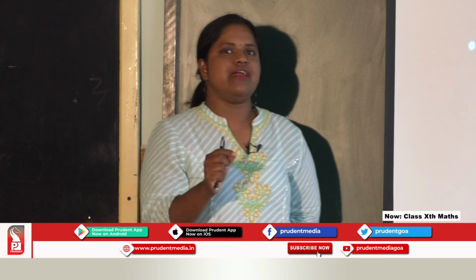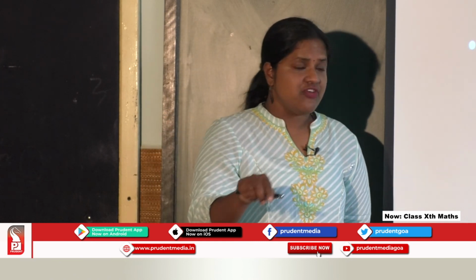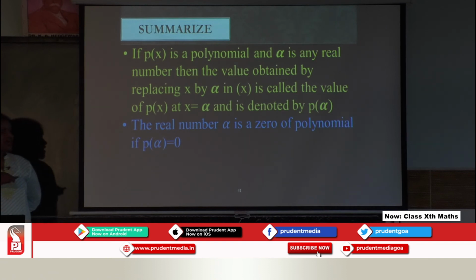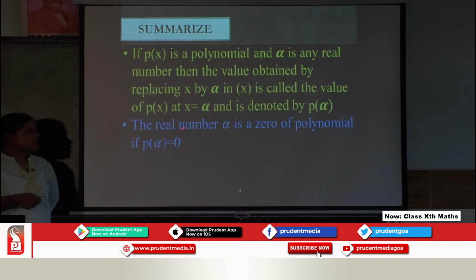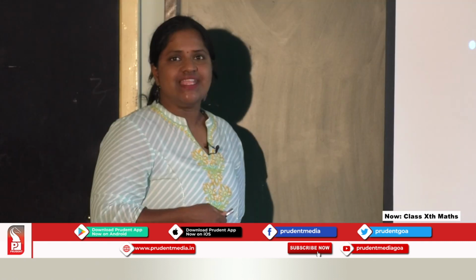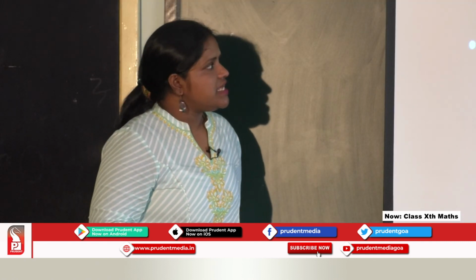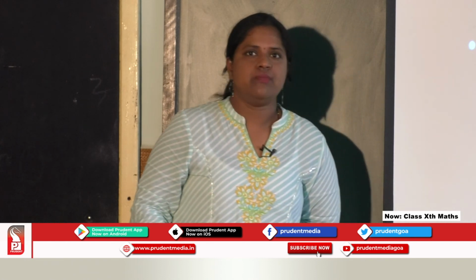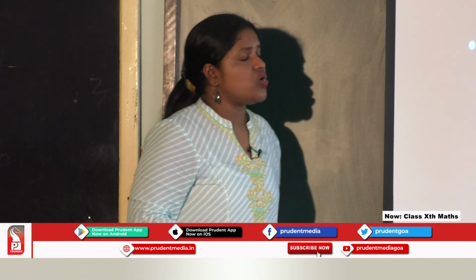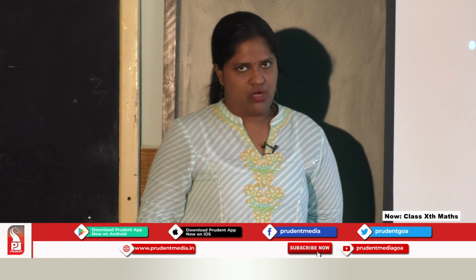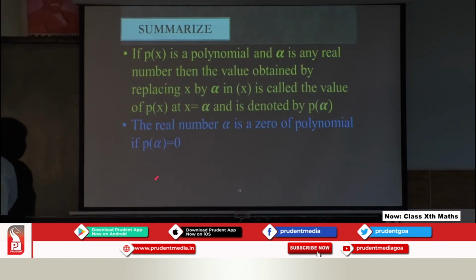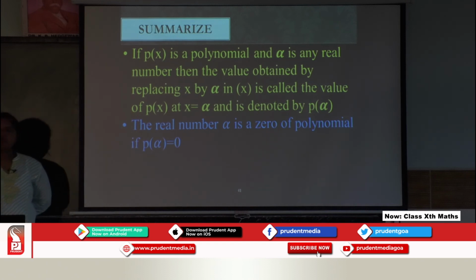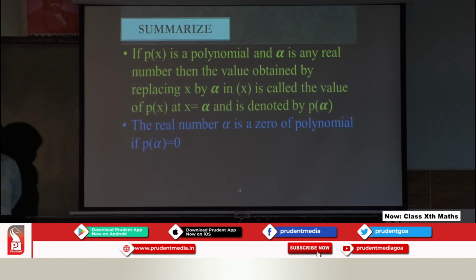But one condition I stressed is that if, after substituting alpha, the final answer turns out to be 0, then that alpha will be called a 0 of the polynomial or root of the polynomial, or it can also be called a factor of the polynomial. So, p of alpha is 0 implies that alpha is the 0 of polynomial. This we have learned.